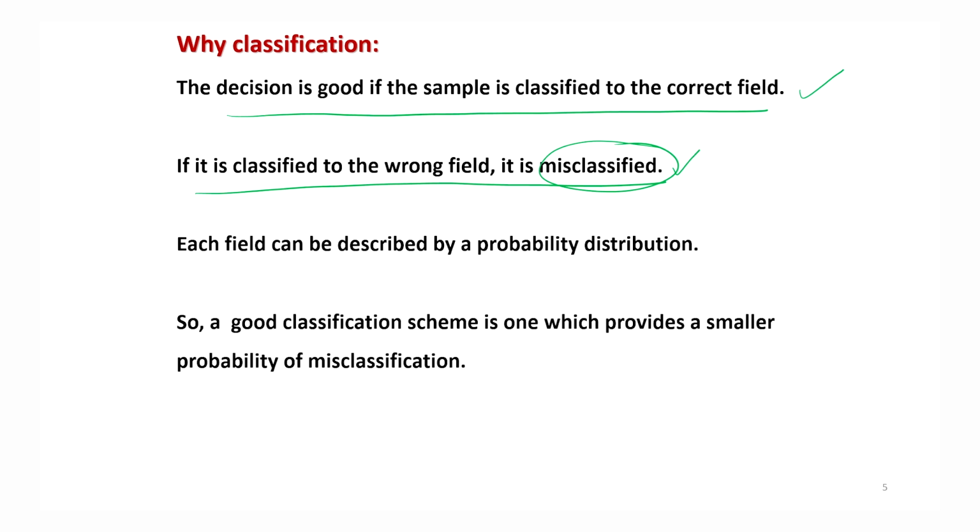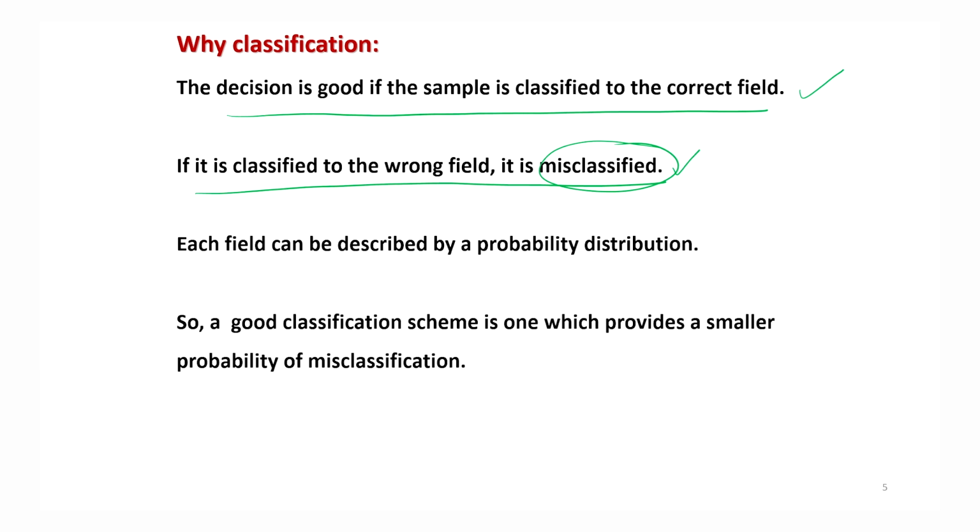Similarly, if a biology student is classified into mathematics, or a mathematics student is classified into biology, this is misclassification. Whereas if a biology student is categorized into the biology student population, and a mathematics student is classified into the mathematics student population, then it is a correct decision.